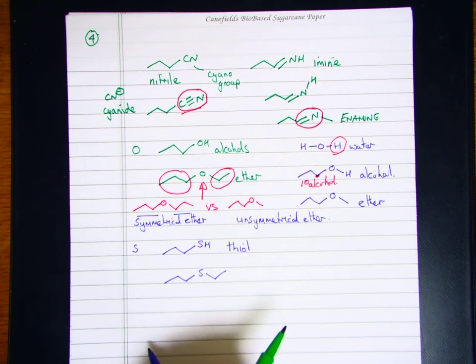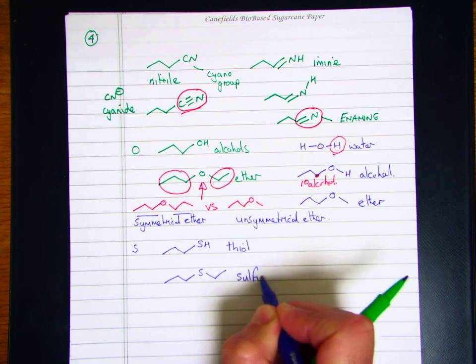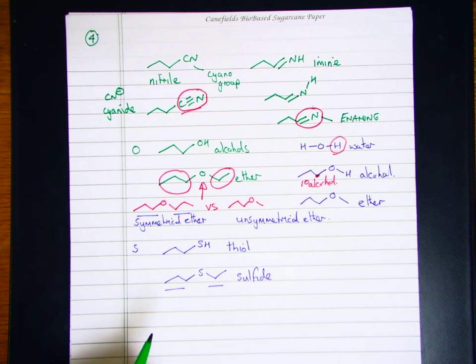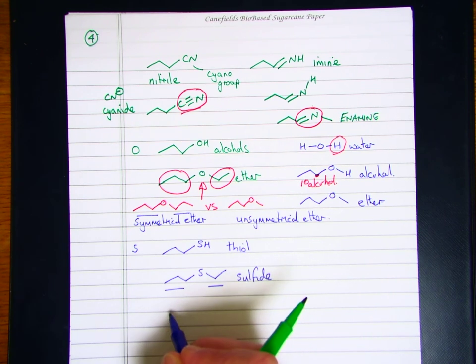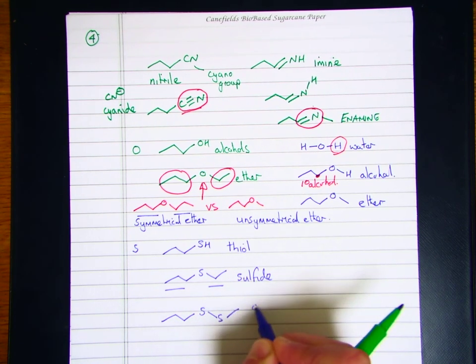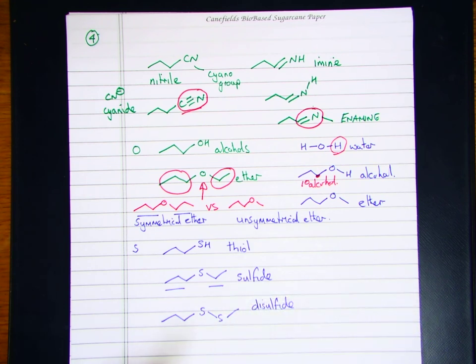That's a thiol, which stinks. This is a sulfide, obviously two alkyl groups attached to the sulfur. In addition to the sulfide, I know you know what this is going to be called. This is a disulfide because it's got two sulfurs attached.